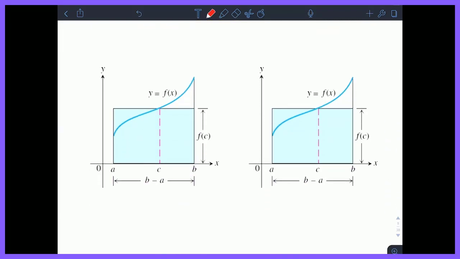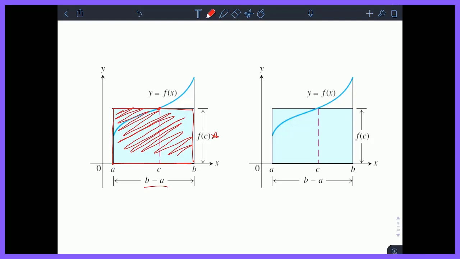So the average value of this function is basically going to be some y value, okay? Such that if you were to draw a rectangle right here at this y value, whatever this magic number is, you find the area of this rectangle by simply doing base times height, where the base is b minus a and the height is f of c.